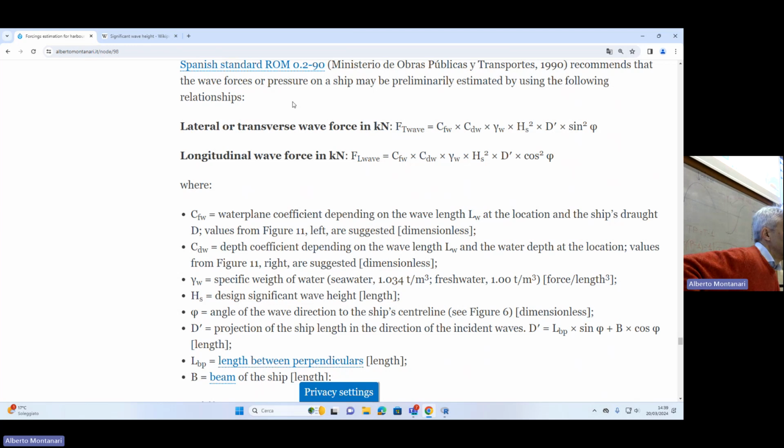But this movement of energy brings the ship up and down. It's dependent on the depth of the water through the depth coefficient. Yes, I agree.